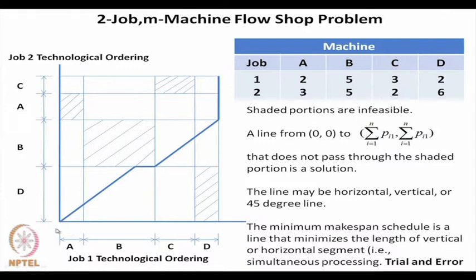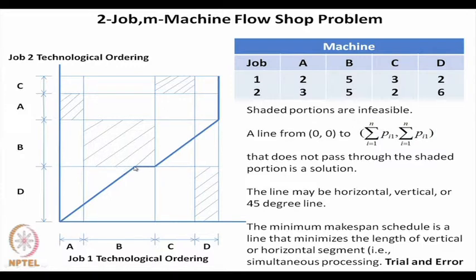Now, what is the meaning of this? It means that machine A would work on job 1 first without any problem, then machine B can take up job 1, there is no problem, and meanwhile when machine A is working on job 1, machine D can work on job 2, there is no problem.